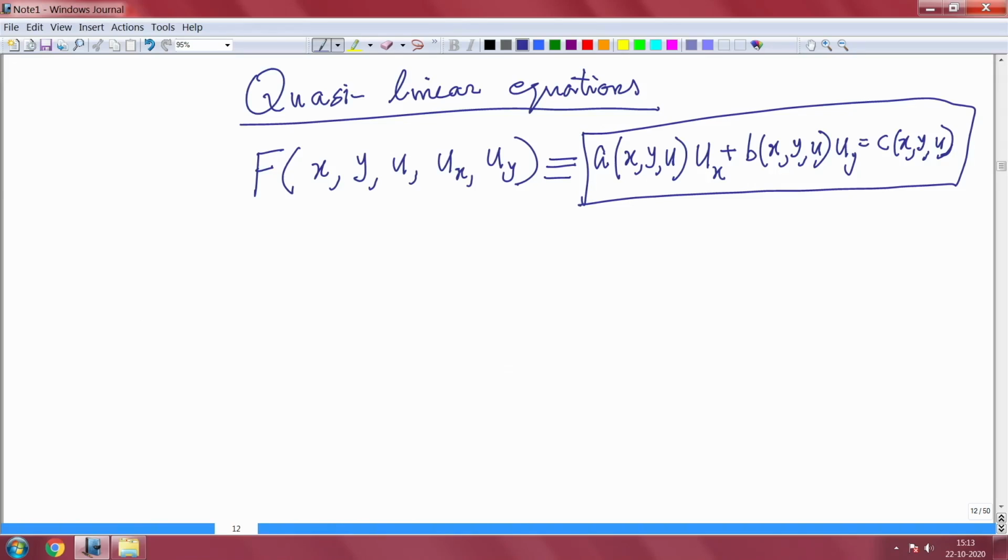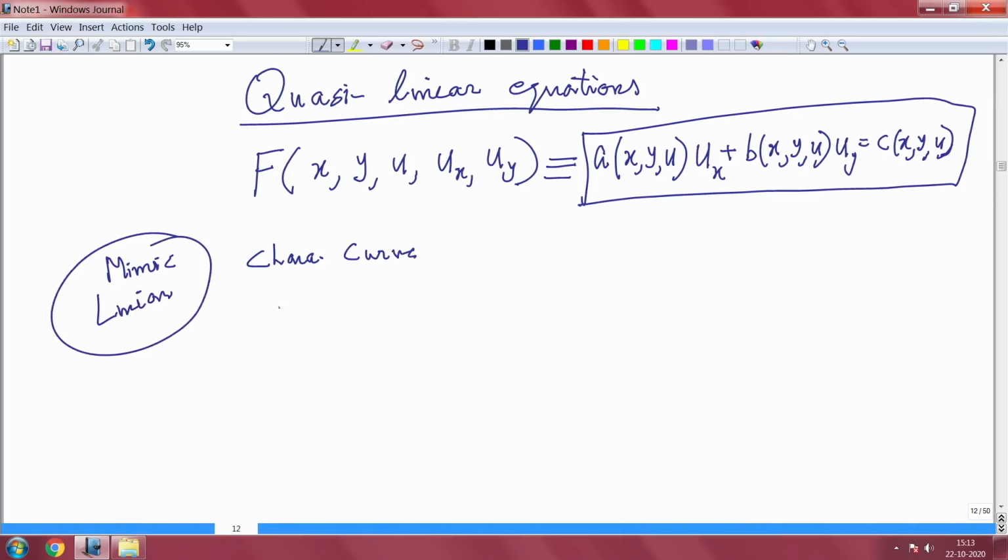So, what do we do? The first difficulty you see is that you try to mimic the linear situation. When you mimic the linear situation, you want to introduce the characteristic curve. So, mimic the linear case. What are the characteristic curves in this case?